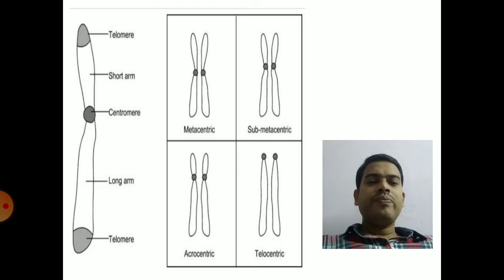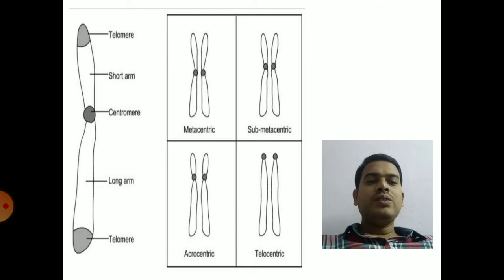Acrocentric chromosome: the chromosome will look like an L with a long arm and a short arm. The centromere is present in such a position that the chromosome looks like an L-shaped structure with a short arm and a long arm. You can see that in the diagram, that is the acrocentric chromosome.